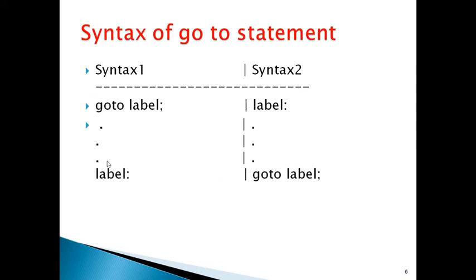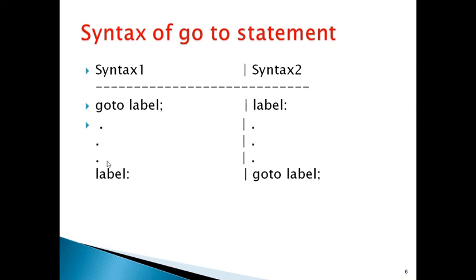In syntax 2, the label is there, and it executes these instructions. After executing the instructions, the compiler executes the last instruction, goto label semicolon. Whenever the compiler executes this goto statement, immediately it searches for where the label is located.